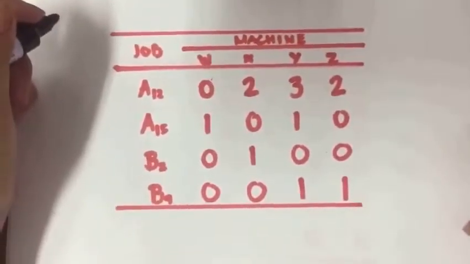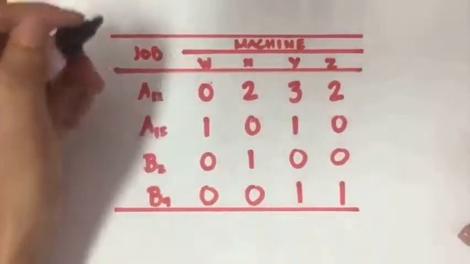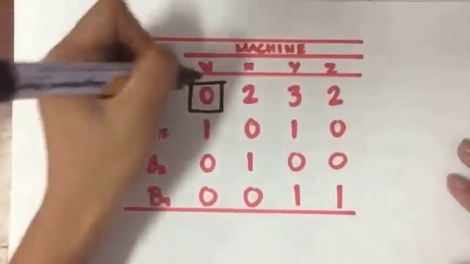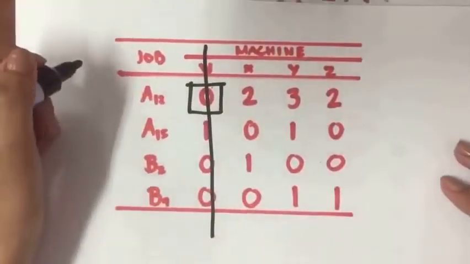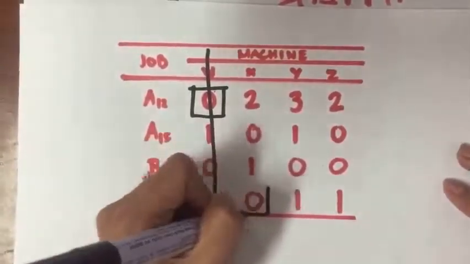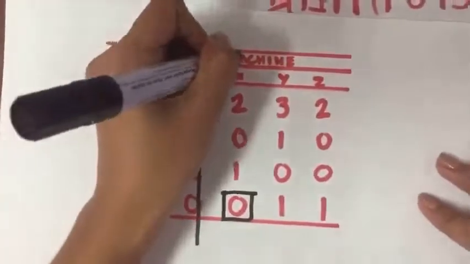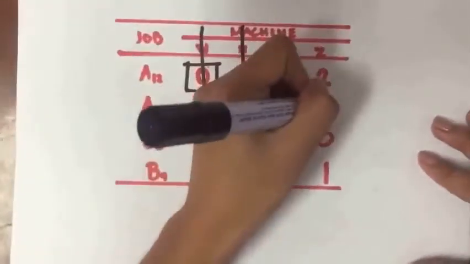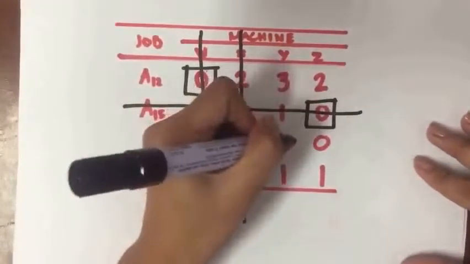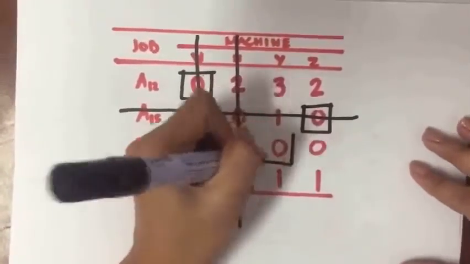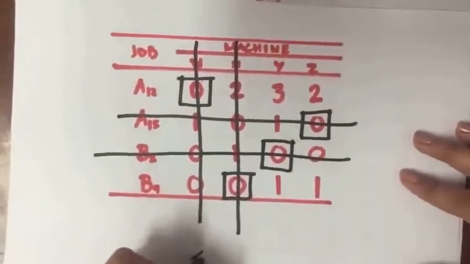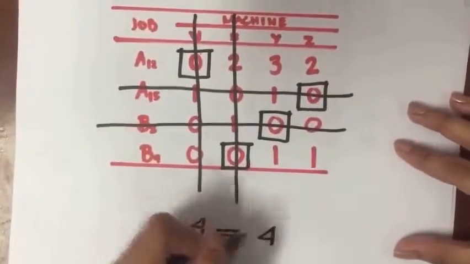This one goes through the same process. So we have here for this row, for this row, not yet. For this row, for this column, for this column, so we already have 4 lines and 4 assignments.